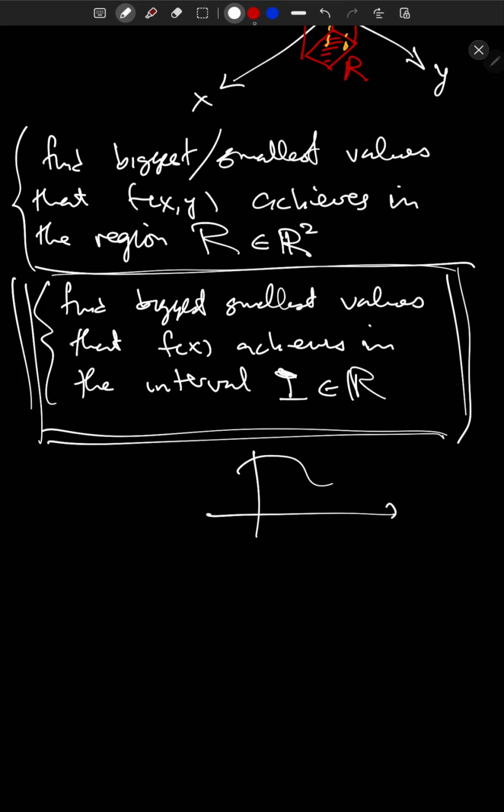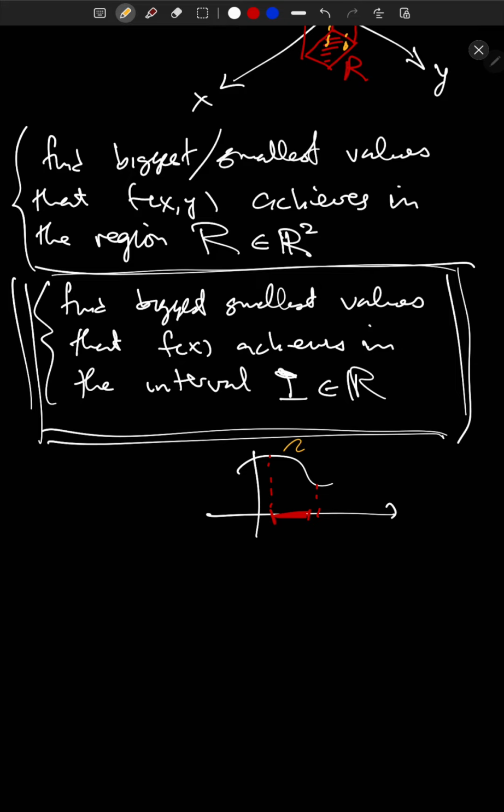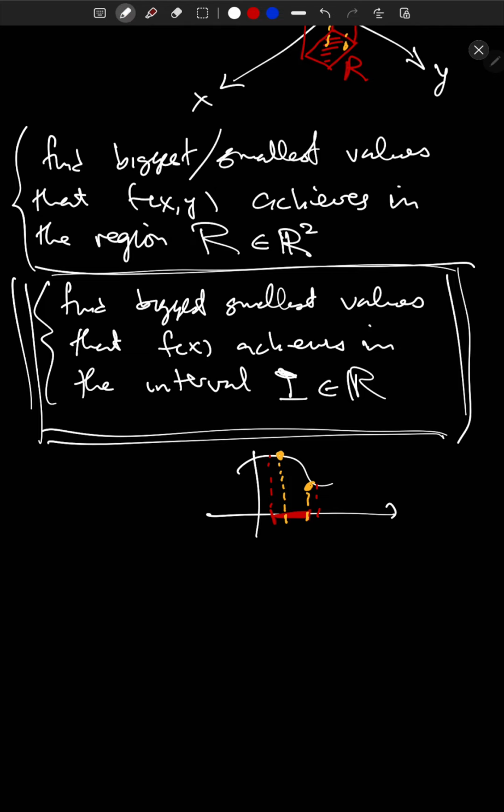So here's my function, and in this case, my region, the interval, is just going to be from here to here, and we're looking for the highest point. Maybe it looks like it could be that one, and the lowest point within our interval.